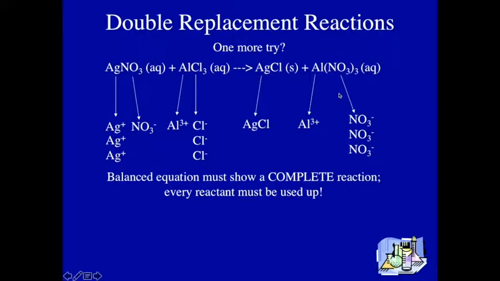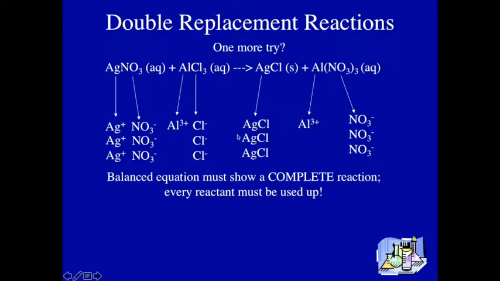I can do 3 silvers, and since the ratio of silver to nitrate in silver nitrate is 1:1, I need 3 silvers and then I would need 3 nitrates. So now I have the number of nitrates I need. Now I have the number of silvers to interact with the number of chlorides.